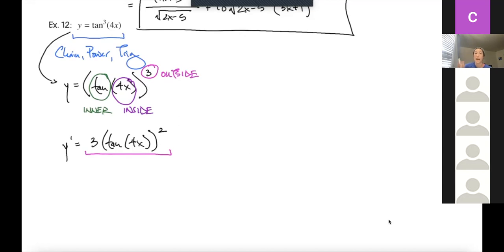Okay, so I use the power rule to find the derivative of the cube function. What is the derivative of tangent?